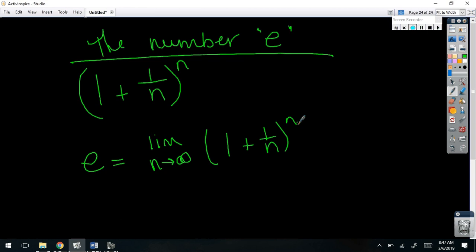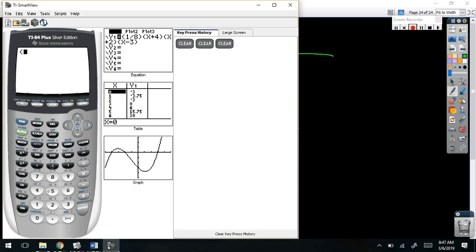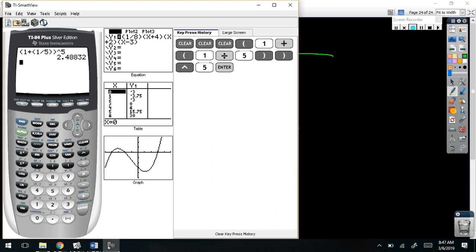Can you say that whole thing again? The bigger the number you put in for n in this, okay? So let's say, I'll start small. 1 plus 1 over 5, raised to the 5th, is 2.488. Okay? But let's say I changed this 5 to a 50.